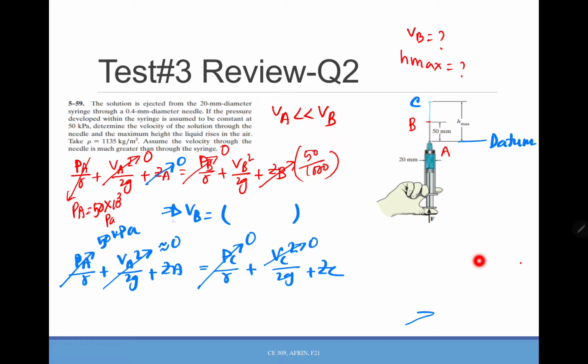So what you basically have here is that ZC will be the H max and ZA will be 0. Whatever you have here is the value for the H max. Okay, so that is question number 2.